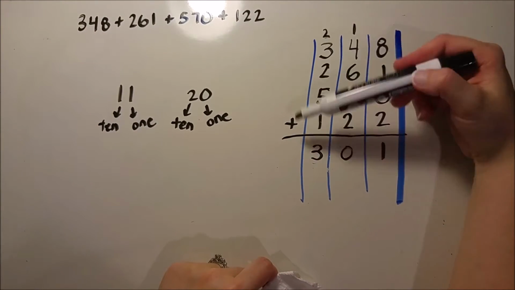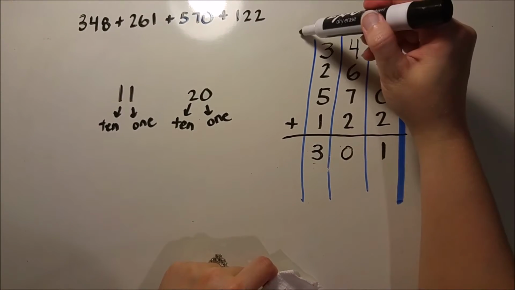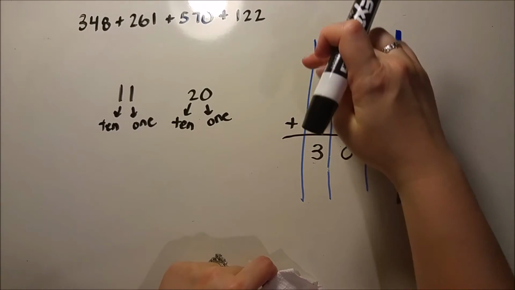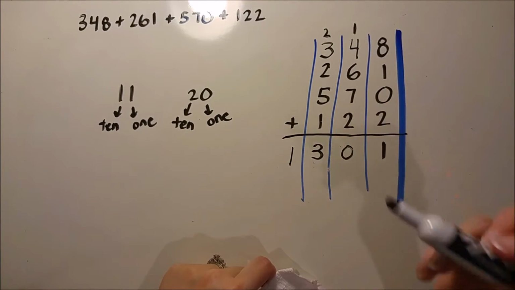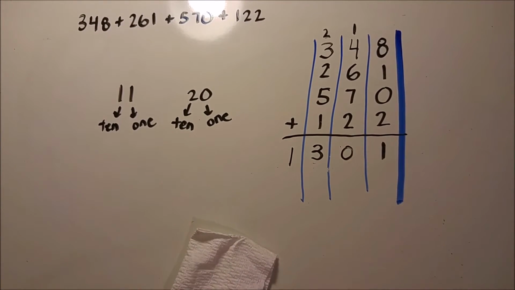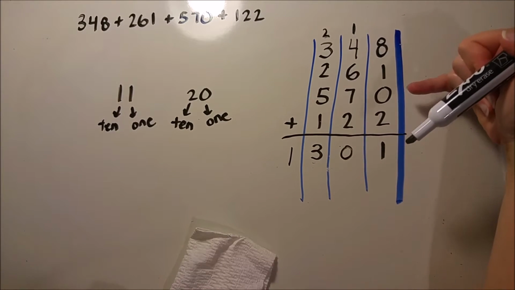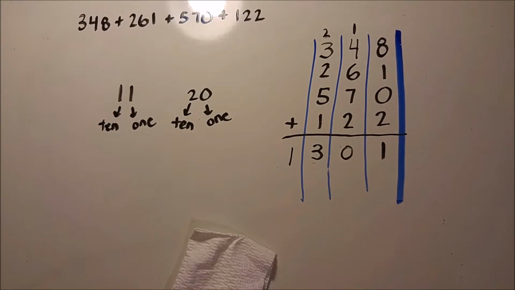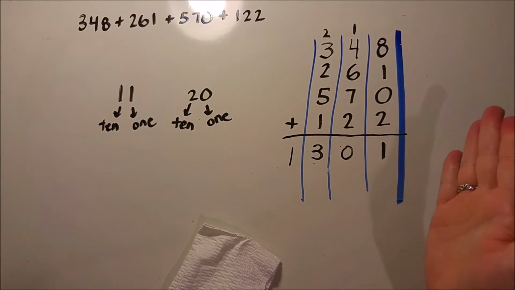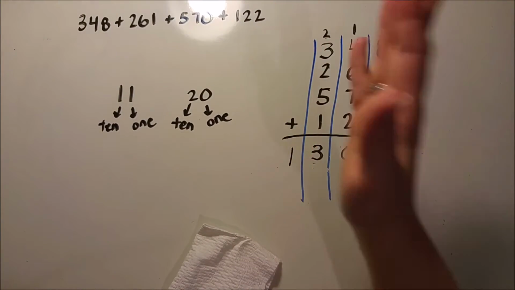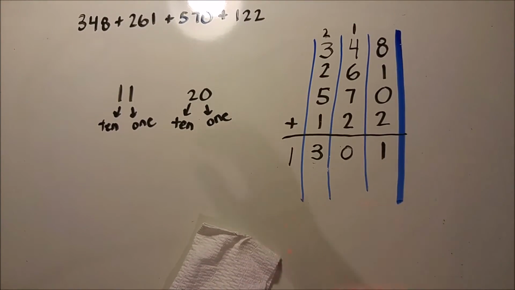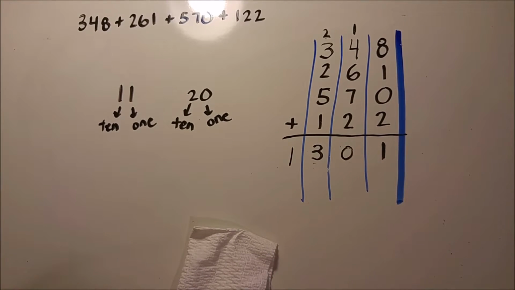But we're done. There's nothing to put it above, right? There's nothing here, so you can just write it in the next column. The more numbers you add together, the more likely you are to have to carry over or regroup into the column next door. Okay.